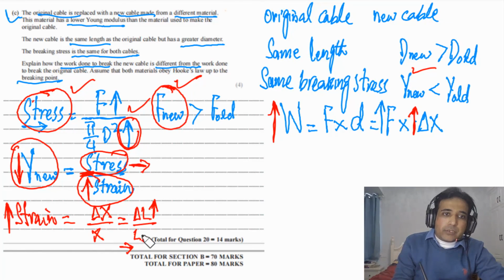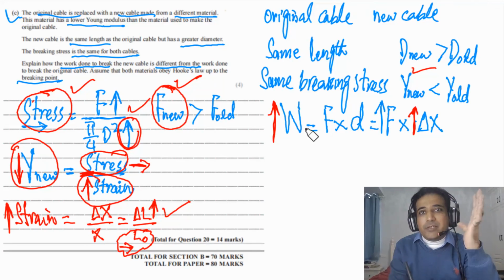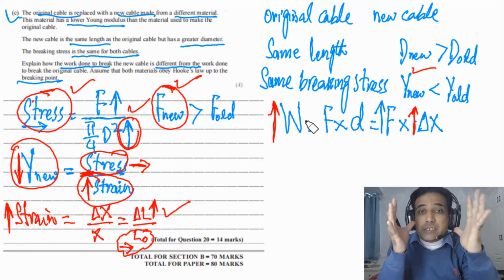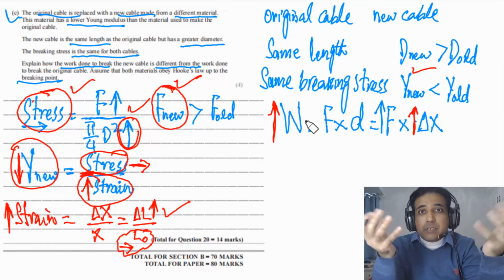As strain is greater but original length is the same, it means delta L has to be greater, hence work done on the new cable is greater. So this is a beautiful, systematic approach you need to develop in yourself, to understand physics in a better way.